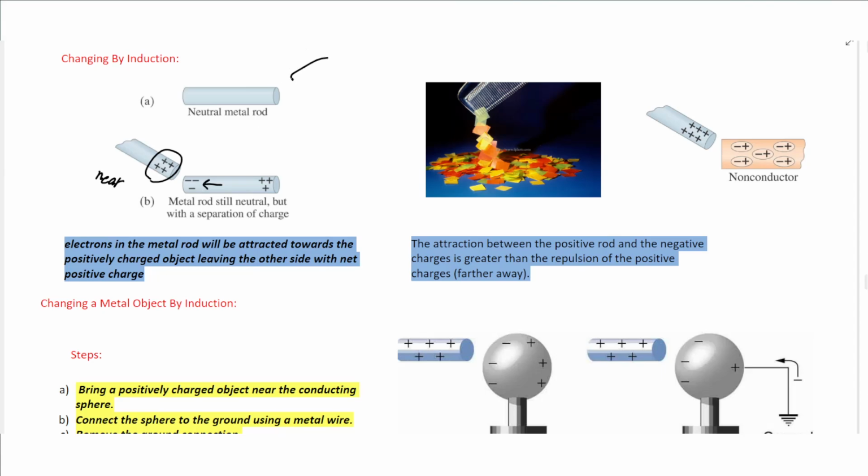If you place a negatively charged object near a conductor, the electrons will move away from it and leave the other side positively charged. You cannot say that the positive charge is attracted or repelled. Only electrons are moved, or negative charges moved, leaving the other side positively charged. So this is a way you can separate the charge. This can happen in poor conductors, but not as much as good conductors. The induction only works best in good conductors.